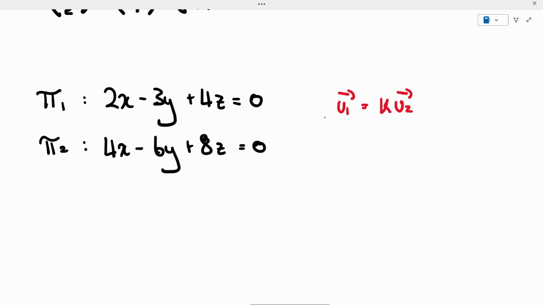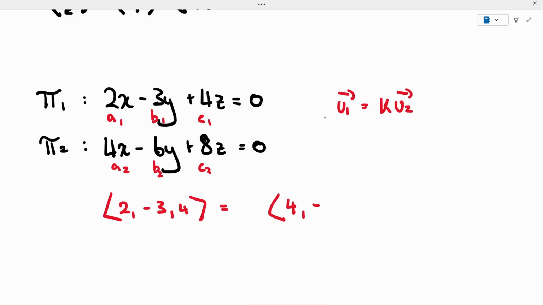So let's check. What are the vectors? This is A1, B1, C1. This is A2, B2, C2. So we have 2, minus 3, 4. Is this equal to something times 4, minus 6, 8? Well, yeah, right?